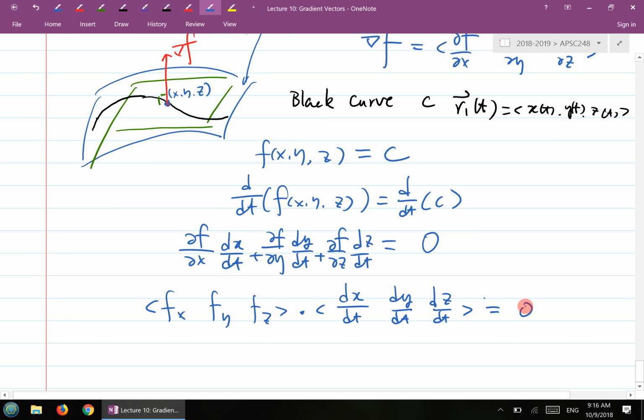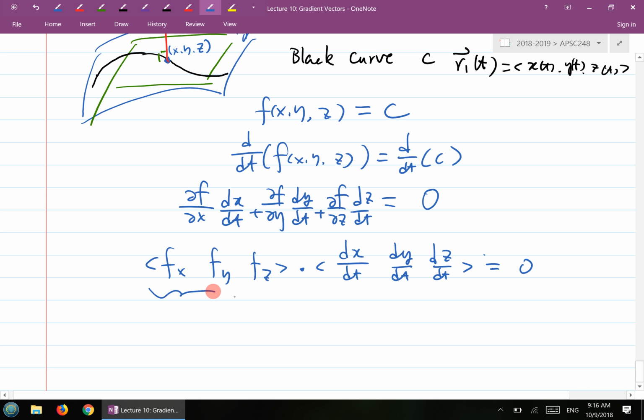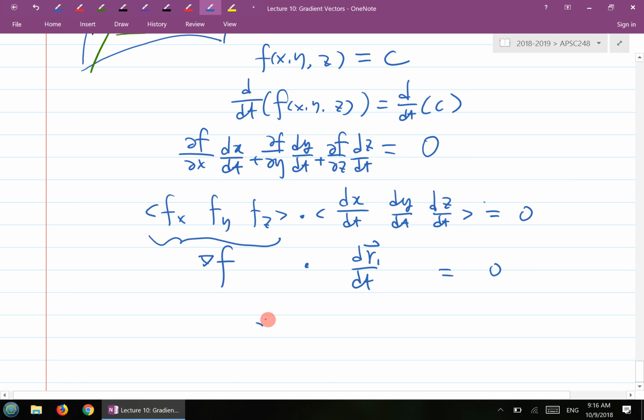So you look at this dot product here. The first term is basically the gradient, right? The first term is the gradient. And the second term is dr over dt, or dr1 over dt in this case. Dot product equal to 0 means this del f must be perpendicular to this vector dr1 over dt.